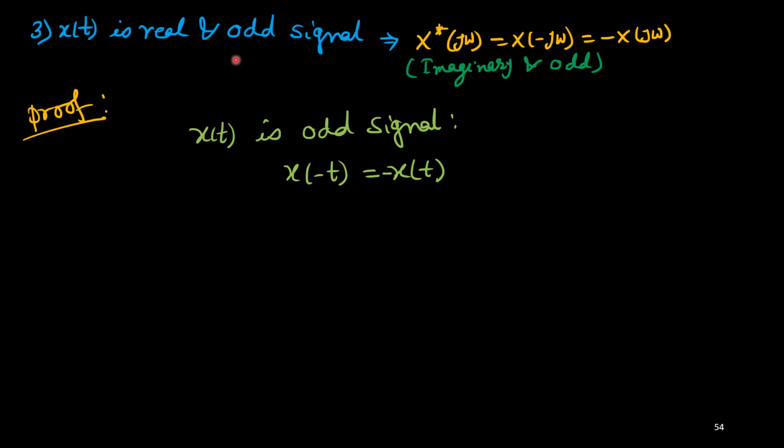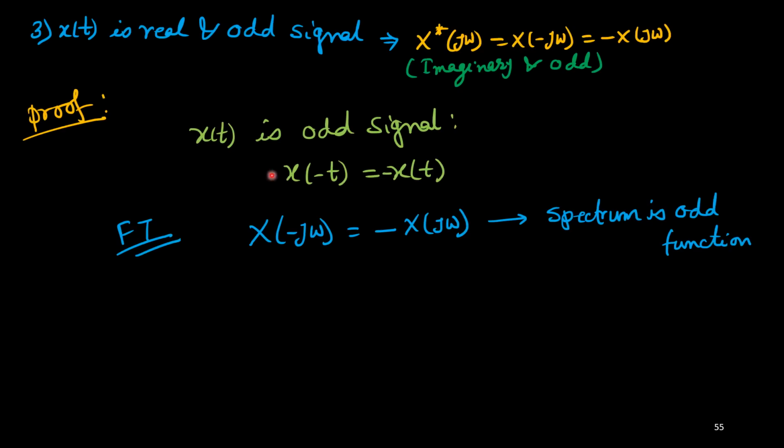In the same way, we can prove that if it is real and odd, it will be imaginary and odd. Why? Because if x(t) is odd, x(−t) I can write as minus x(t). So from here, if I take the Fourier transform, this is X(−jω), and this is X(jω) with a minus sign. It clearly shows that the negative value of capital X is minus of the positive value, meaning it's an odd function.